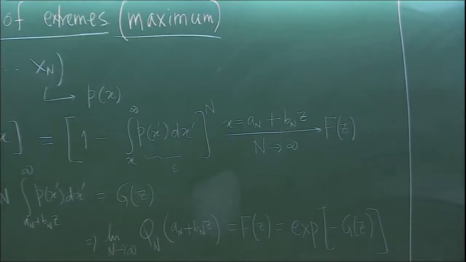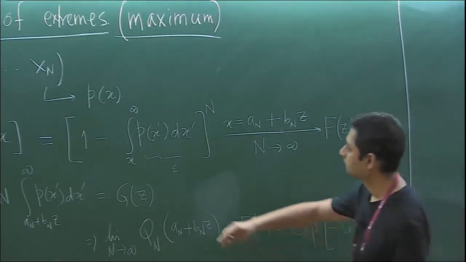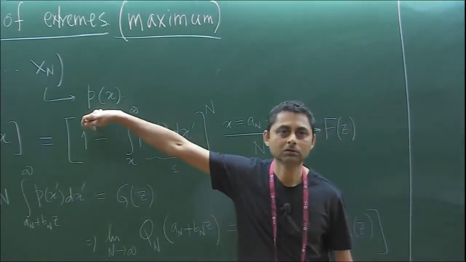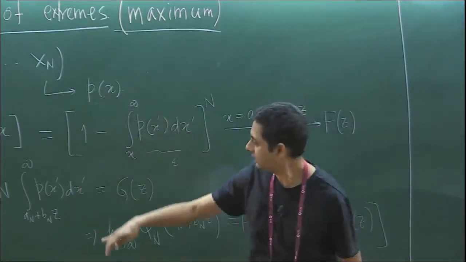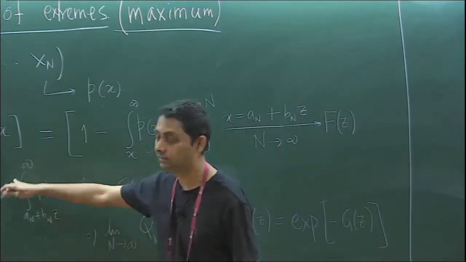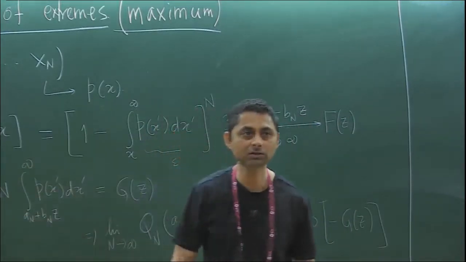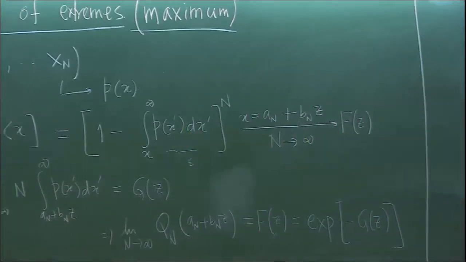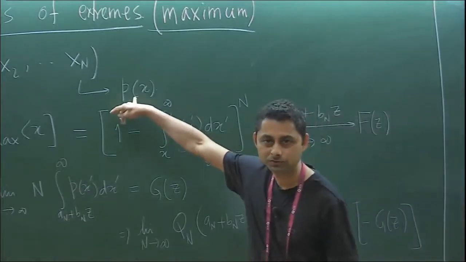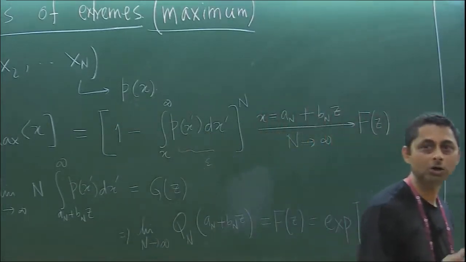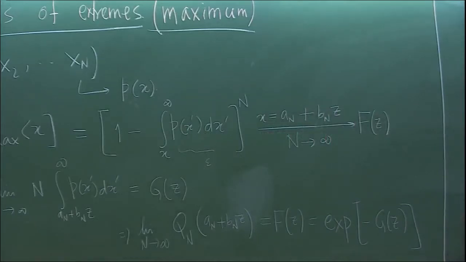So the first way is basically we'll try to think of all possible functional forms of p of x. As we said, it only depends on the tail of p of x, right? So it doesn't depend on the full function p of x, only the tail, because the maximum comes from the tail of this function. So we'll try to think of all possible tails and try to find what kind of g of z you get. Okay, this is the first part of the lecture.